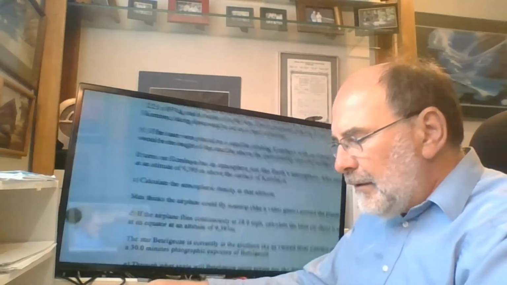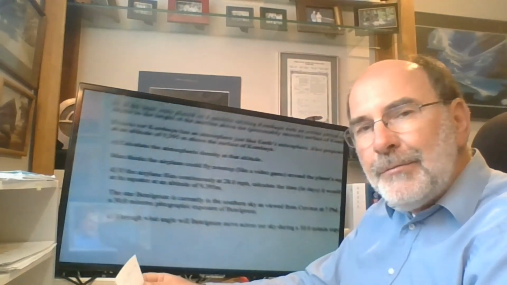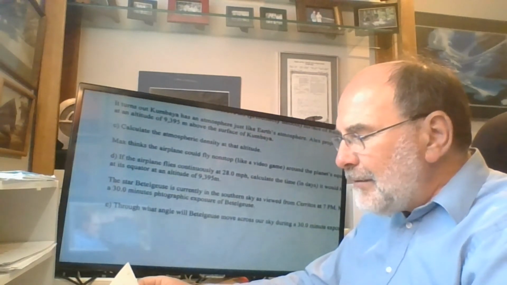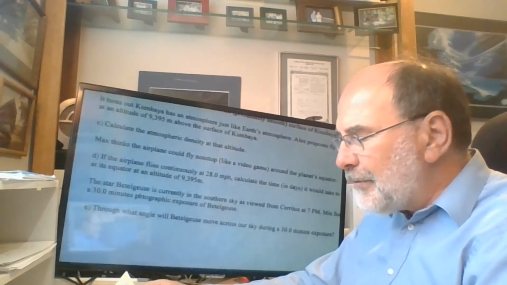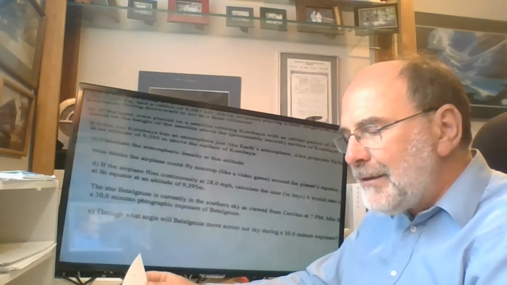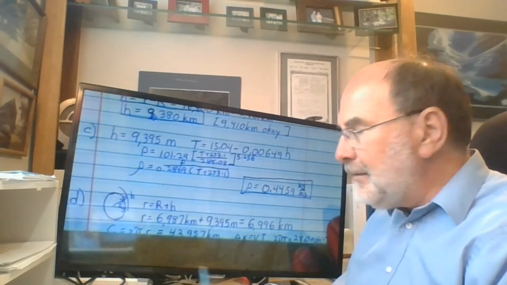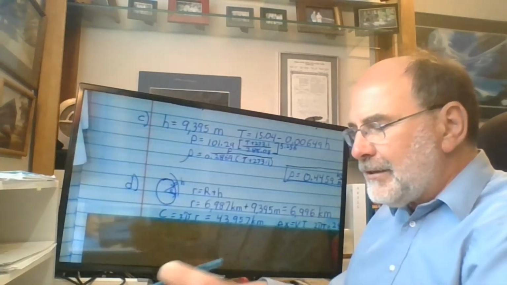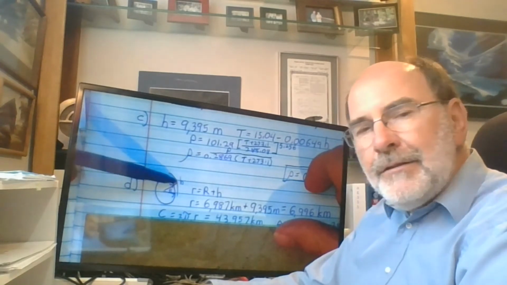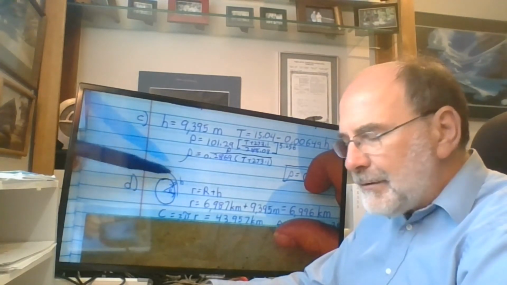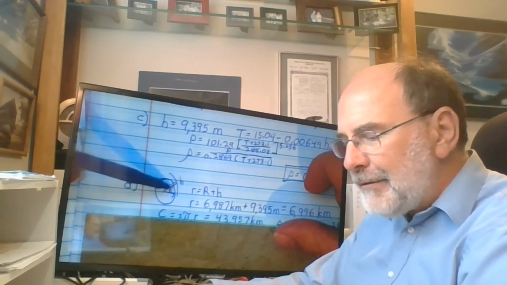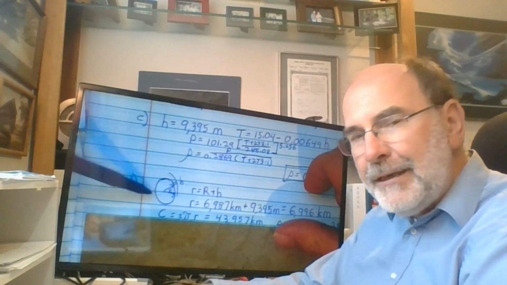Part D, if an airplane flies continuously at 28 miles per hour, how much time would it take in days for it to circle Kumbaya at its equator at an altitude of 9,395 meters? So, again, a little sketch that says, I need the circumference of the circle, but the circle is the height above the planet, and the planet has a radius.